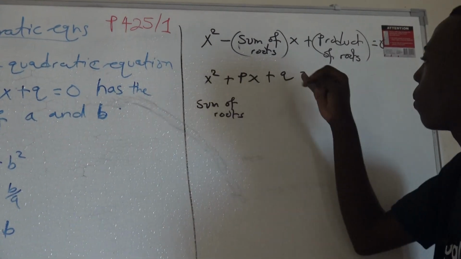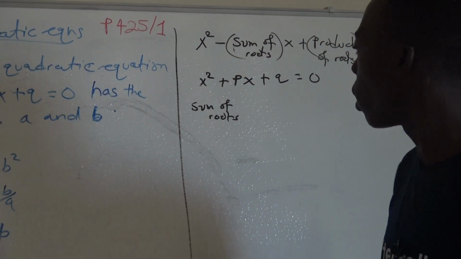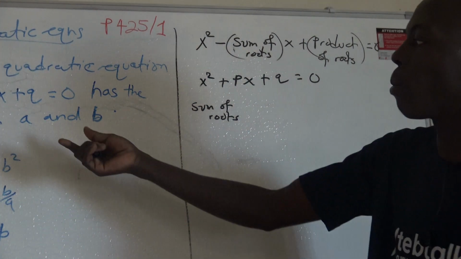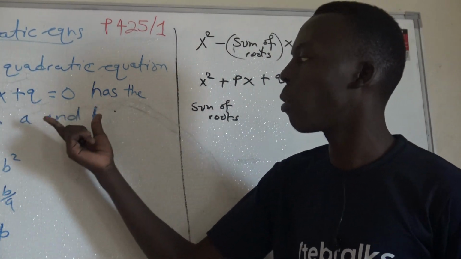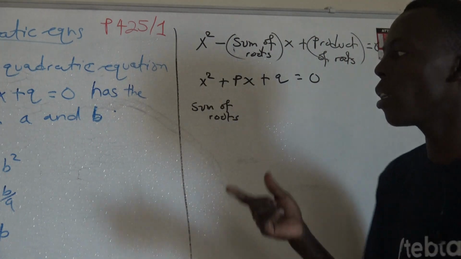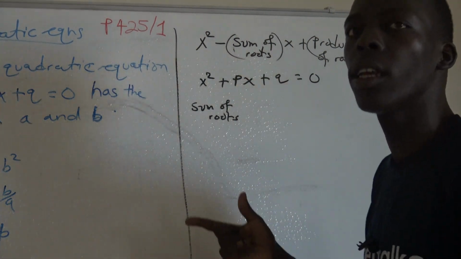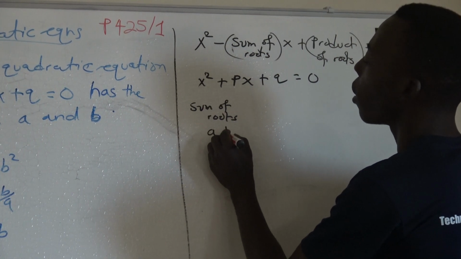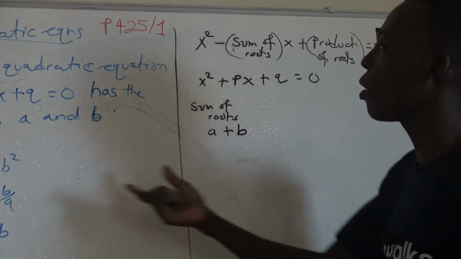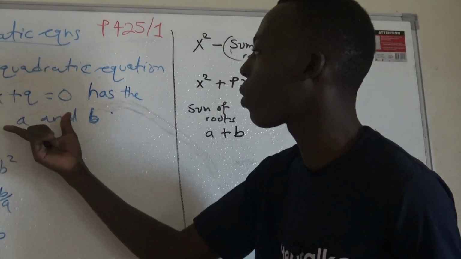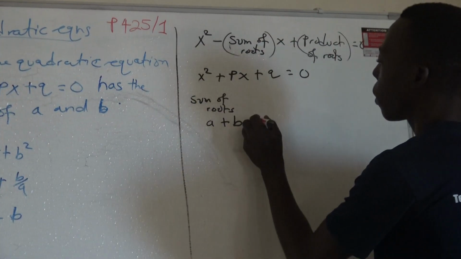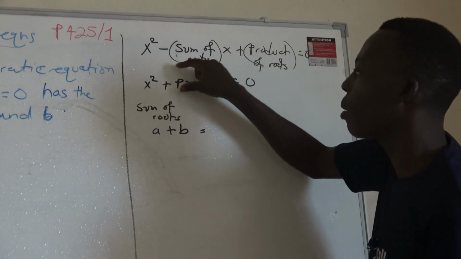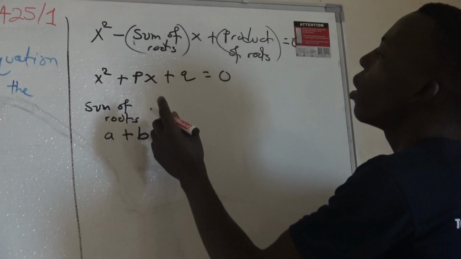So for that case, after knowing that one, we have now to get the sum of roots from the equation which they have given us, and they are saying that the roots are in the form of a and b. Then for that case, we are going to say it is a plus b, because it is a sum, we are adding the two roots. A plus b, this one must give us the sum in the equation.